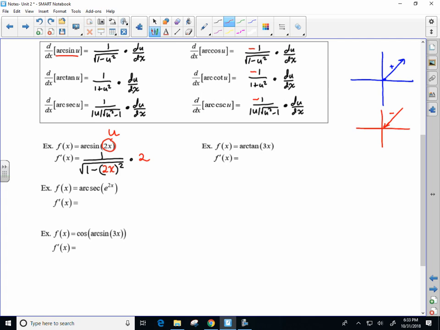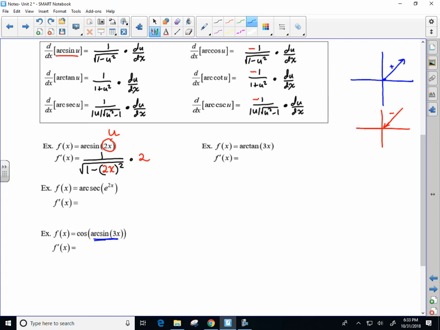The second and third problems are along the same lines. The fourth one's got a little extra juice to it. I'll do it with you now. It's got a little chain rule action going on because it's cosine of this, so I'd have to address that first.